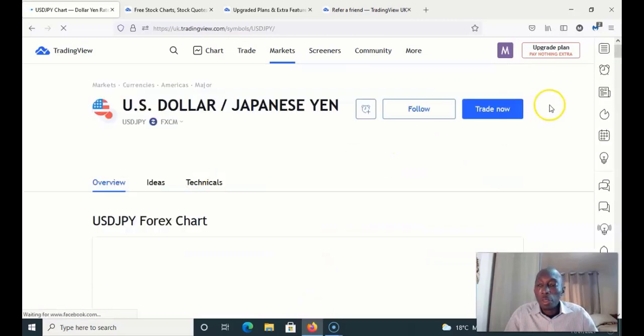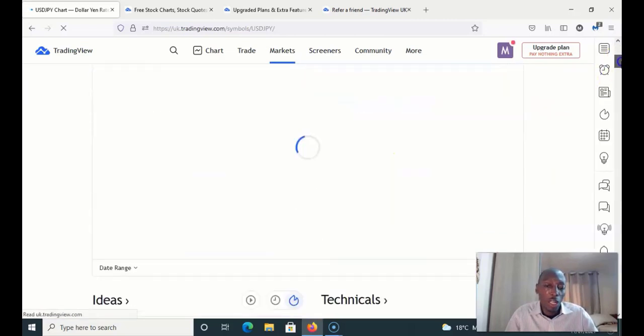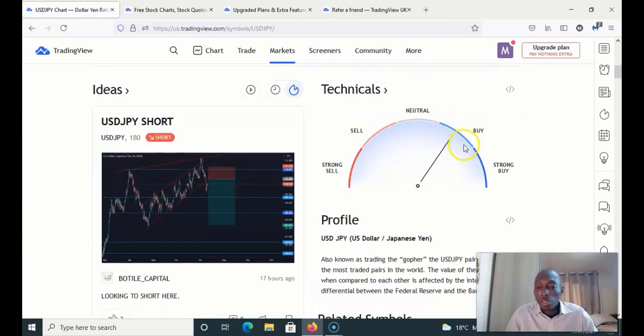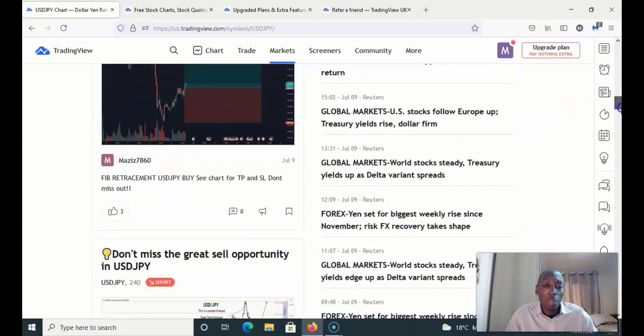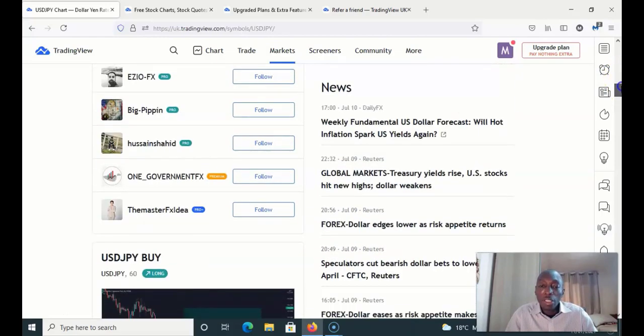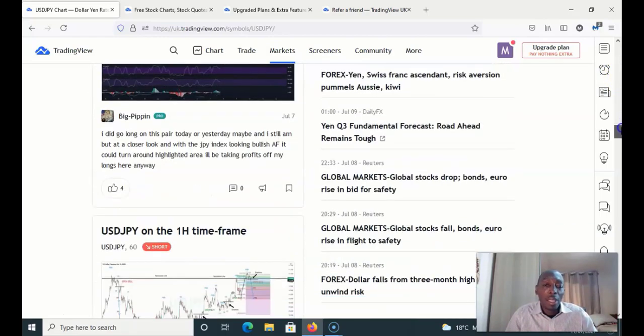It loads up USD JPY, shows you the chart, and gives you their technical prediction, which is leaning towards more buy. Then it gives you other people's ideas, some of the authors that are writing about it, and the news related to the USD JPY.